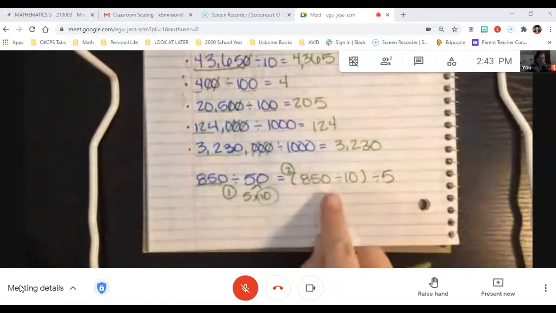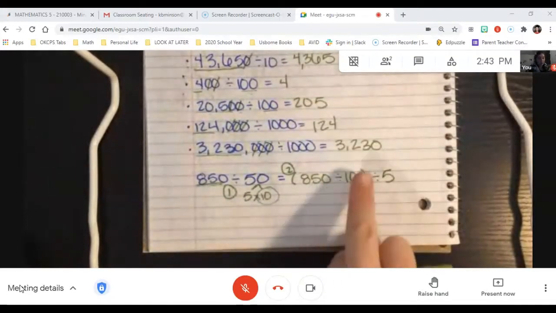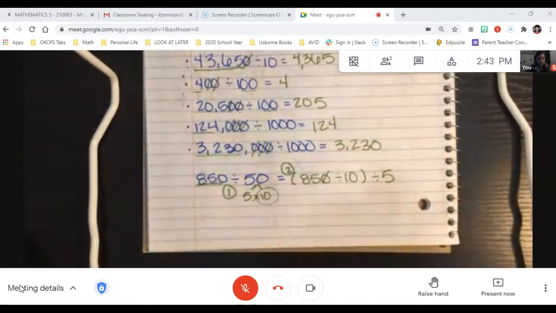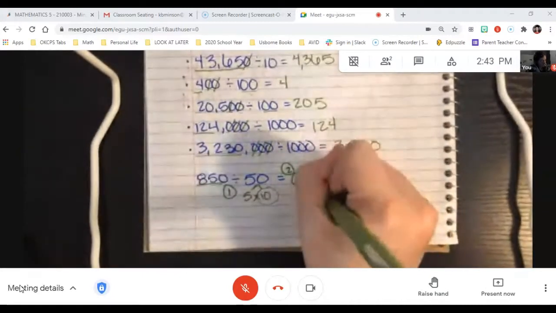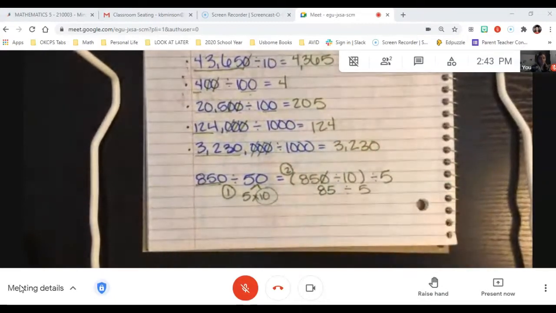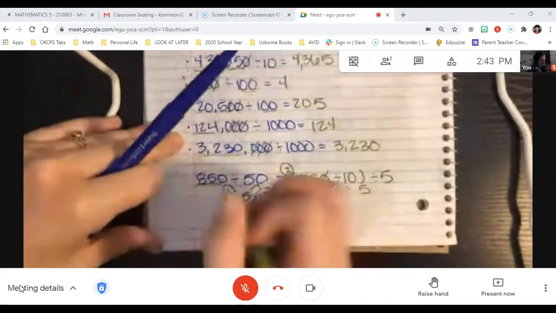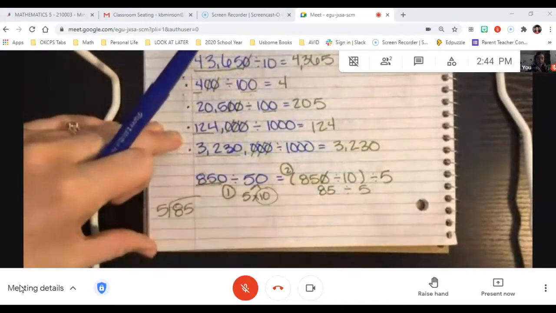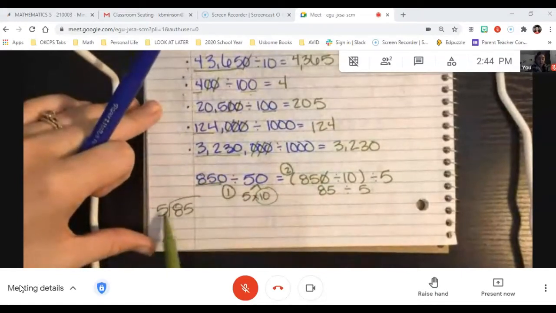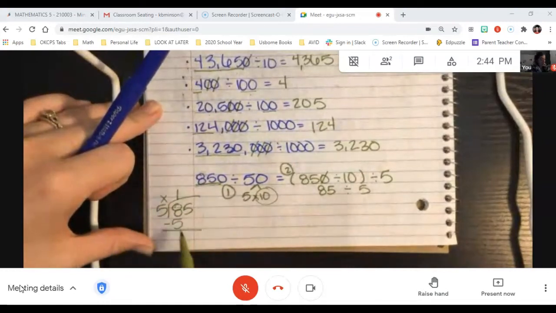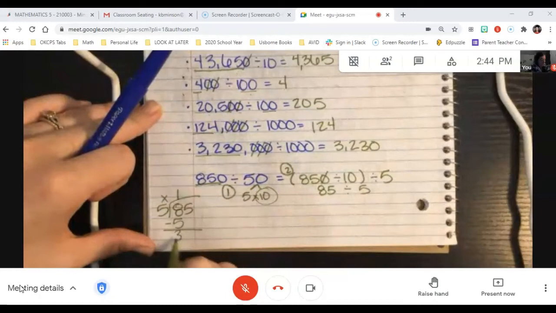Second, you solve inside the parentheses. So 850 divided by 10. You can exit out that zero, or remove that zero. Now you have 85 divided by 5. Now we have to solve that. I'm going to set it up over here. 85 divided by 5. 5 goes into 8 one time. 5 times 1 is 5. 8 minus 5 is 3.